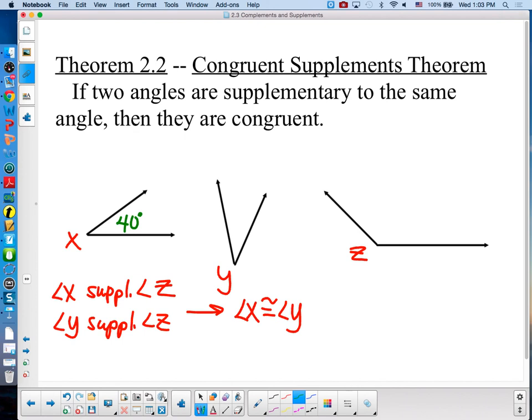If angle X is supplementary to angle Z, how big would angle Z have to be? 140. Then, if Y is supplementary to angle Z, Y would have to be 40. And did we get what it said? Angle X and angle Y are congruent? Yes. Now what we're doing is not proving it, but demonstrating how it works.